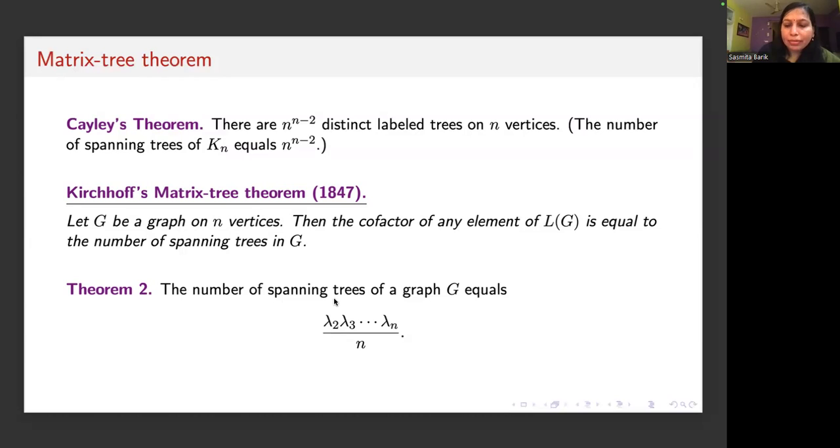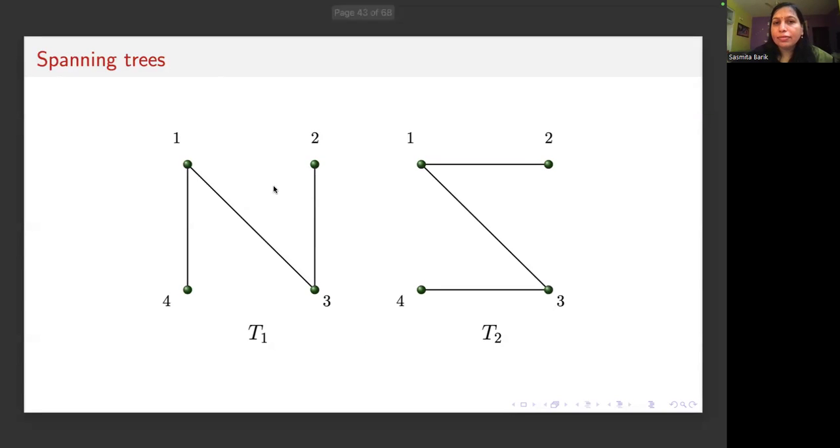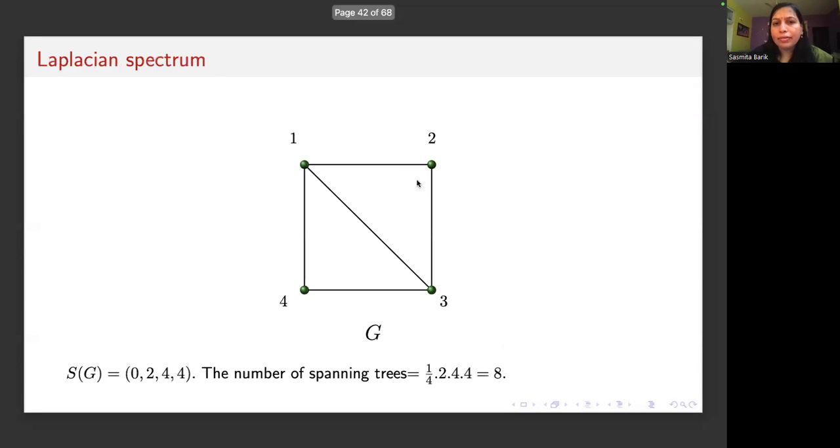How I'm counting that, I'll tell you through one example. This is the graph, let's say. When I look for the spanning trees, I'll also consider my vertex labeling. Here you can observe there are 5 edges, and the graph has 4 vertices, so my tree should contain 3 edges. So I'll delete 2 edges from the graph to make a tree.